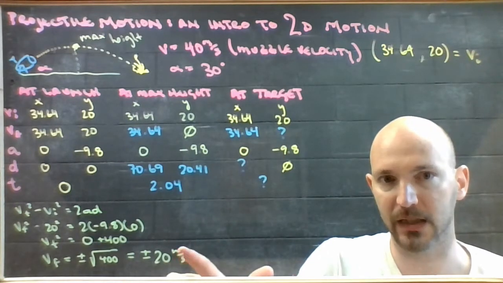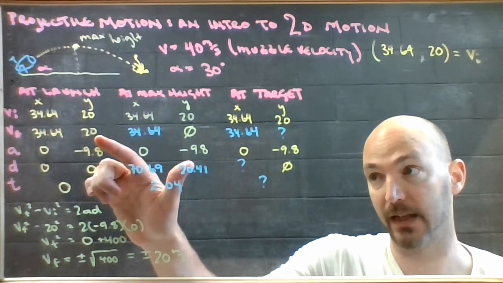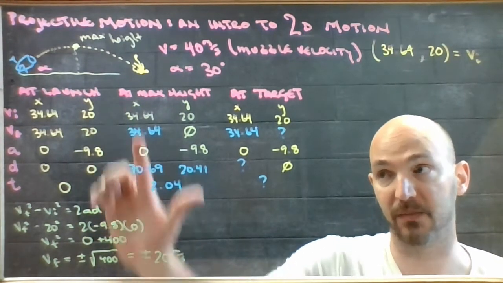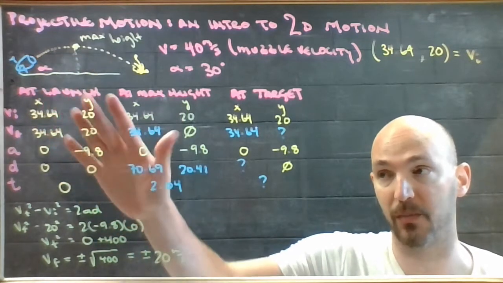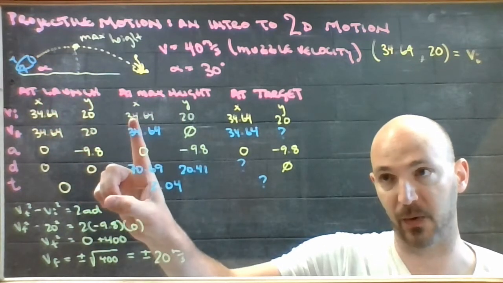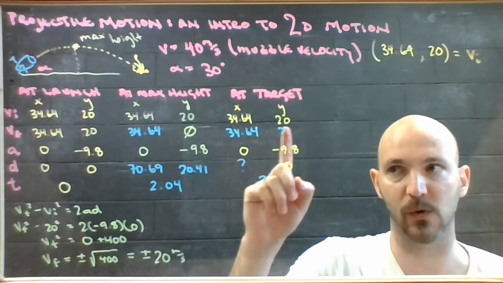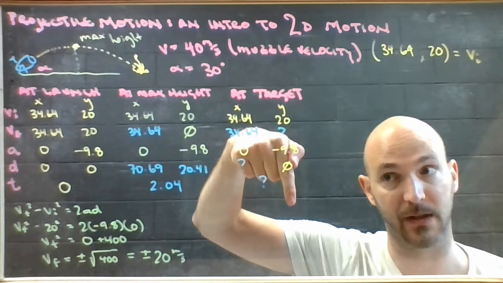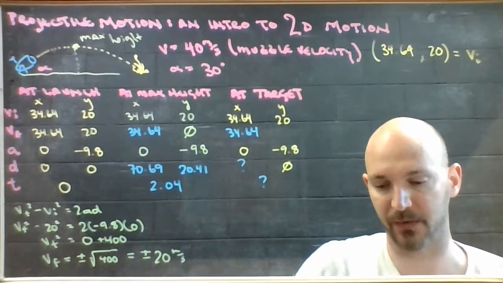So if I look at this, the plus 20 is here. Right, that's my speed going up. Right, when I finished launching the ball, it was headed upwards. When the ball hits the target, it's not rising anymore; it's falling onto the target. So this number here is the negative option.